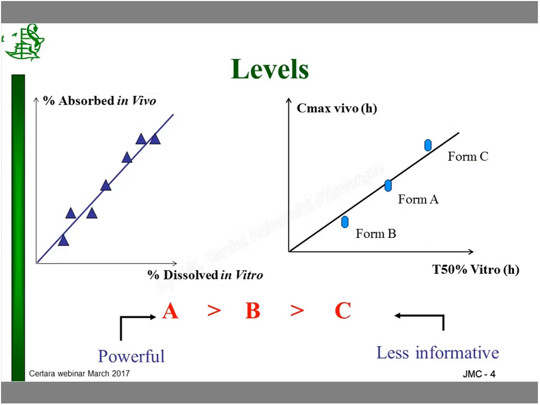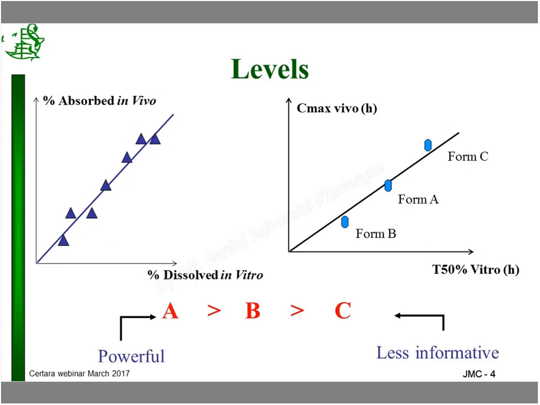We have three levels of IVIVC, which are level A, B, and C. On the left side of the screen, you have level A, which is going to try to link together the percent absorbed in vivo with the percent dissolved in vitro. We have to keep in mind that the percent absorbed in vivo in this case is going to reflect the slowest step between the in vitro release of the drug, the in vivo solubilization of the drug, and the in vivo permeation.